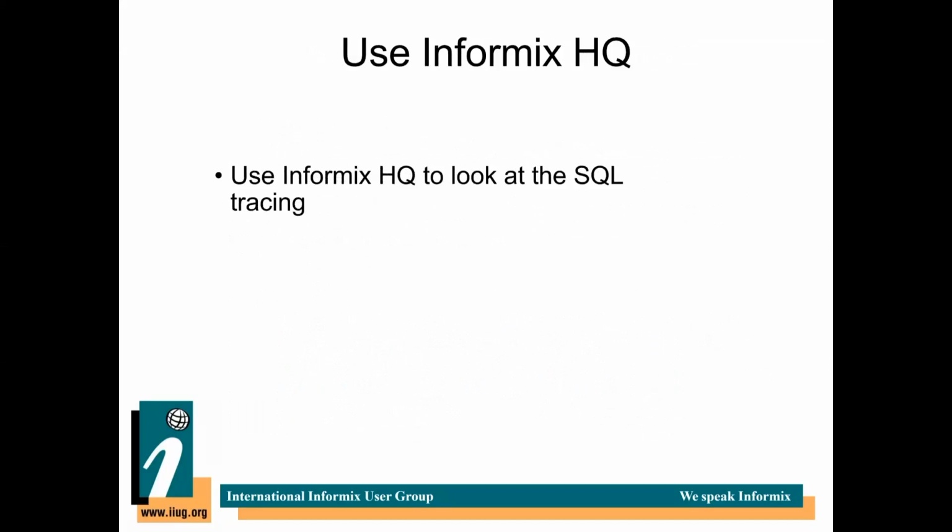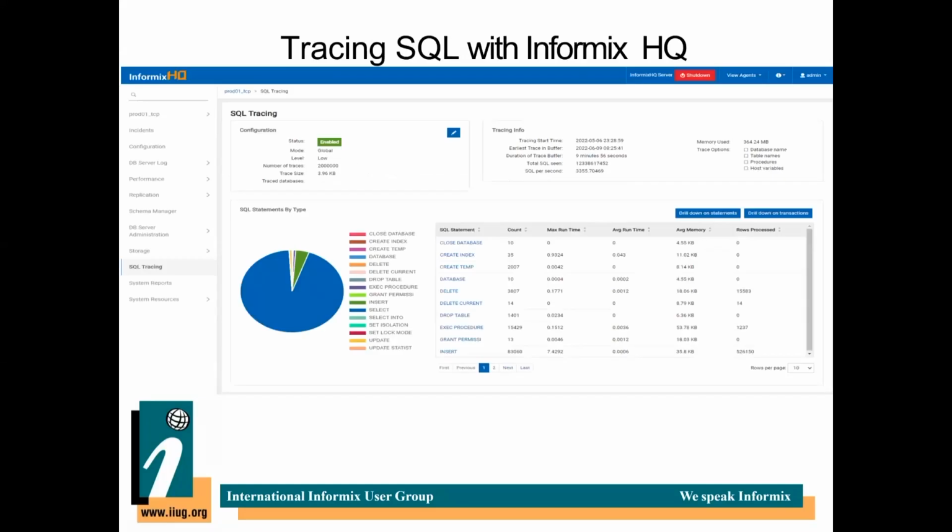Using Informix HQ. Here we're going to show ways to use Informix HQ to look at SQL tracing. For example, here's a screen that shows SQL tracing, shows the status is enabled, the mode is global, level is low, the number of traces, and the trace size.